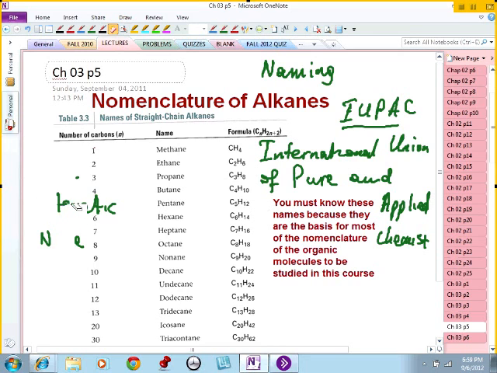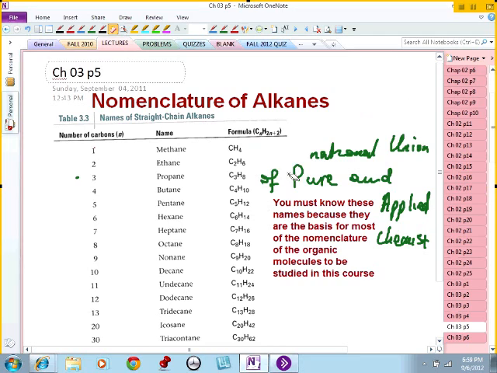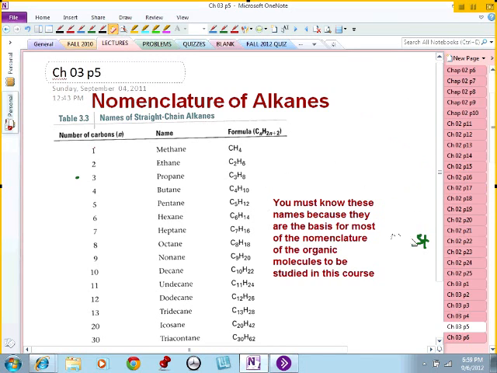I do expect you to know all the way from carbon number 1 to carbon number 20. You need to know those.